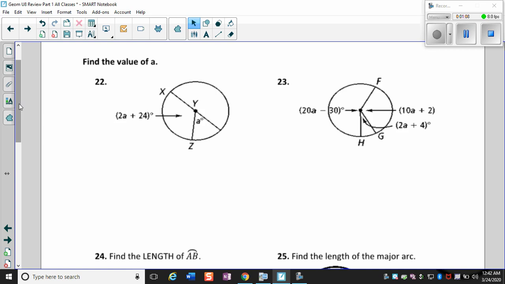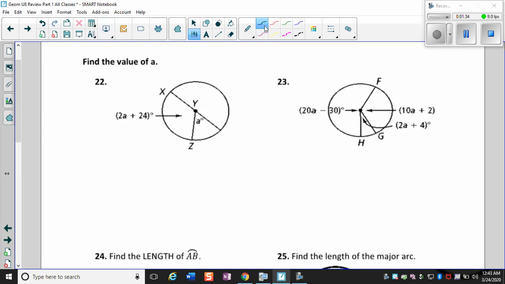So actually we have two angles. Now, what kind of angles are they? Remember, there are different kinds of angles that are formed within a circle. Anytime we have an angle whose vertex is the center of the circle, we call them central angles. So by definition, you have two central angles here that have the variable A involved. What else can you tell me about this picture?